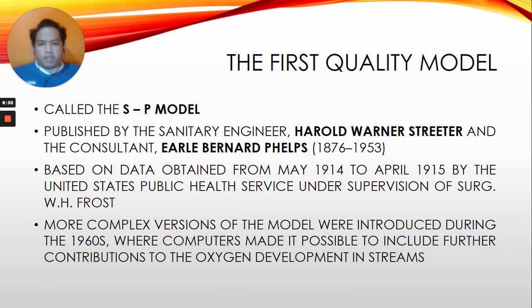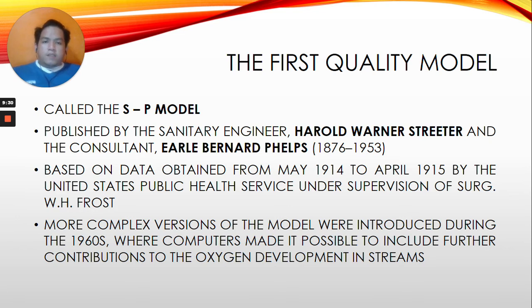It was published by the sanitary engineer Harold Warner Streeter and the consultant Earl Bernard Phelps, way back in 1876 to 1953, based on the data obtained from May 1914 to April 1915 by the United States Public Health Service under the supervision of Surgeon W. H. Frost. So the data have been gathered from May 1914 to April 1915.